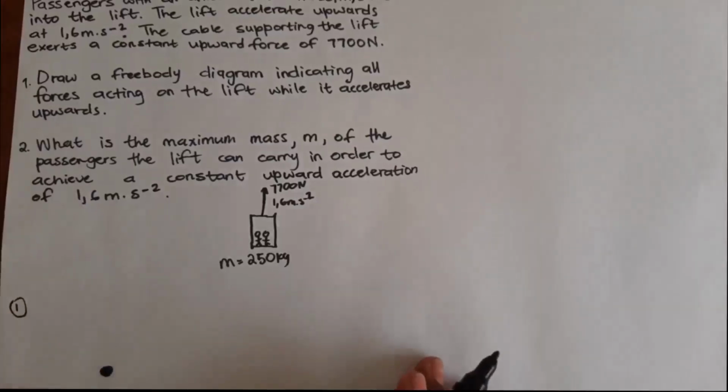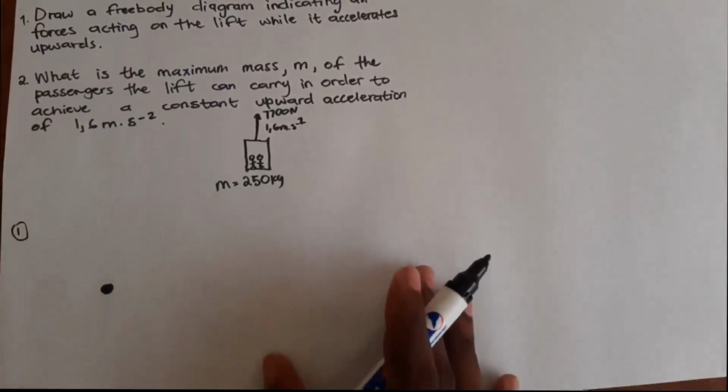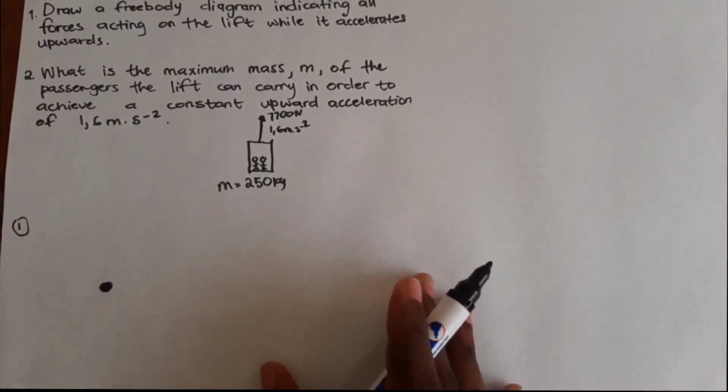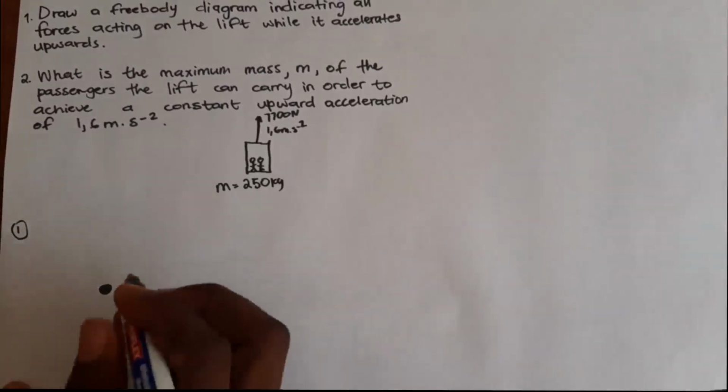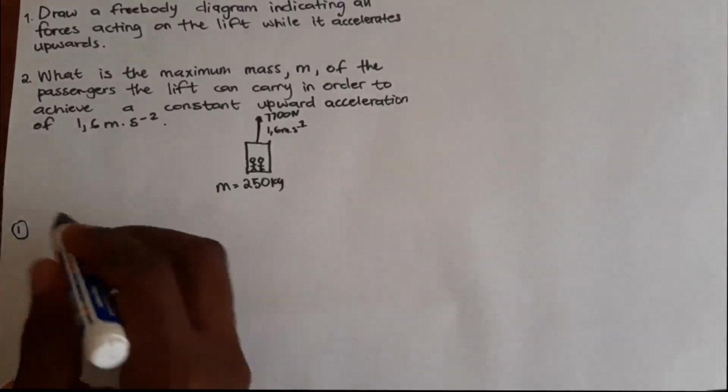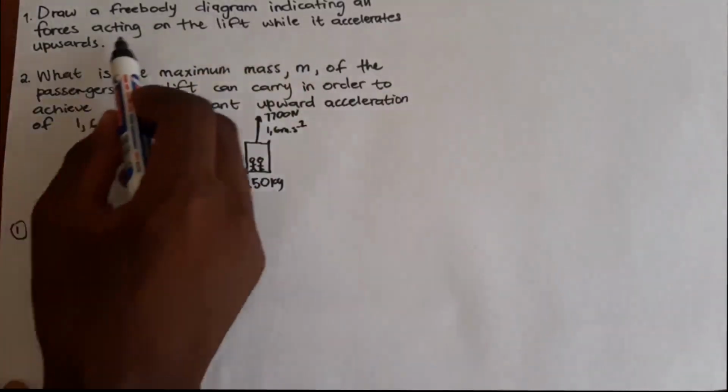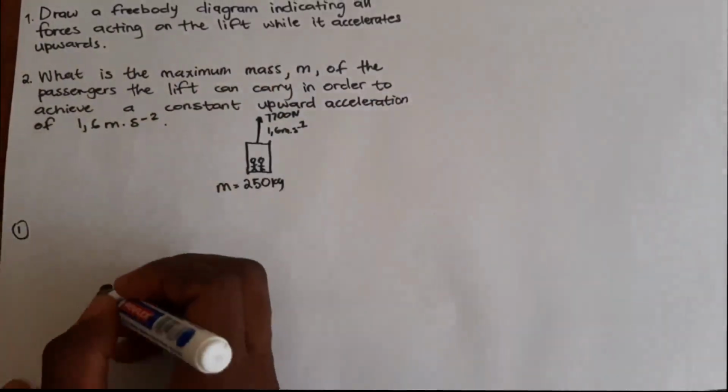Make sure that the dot is quite bigger, because you might have two forces on the same direction. So draw a free body diagram indicating all forces acting on the lift as it accelerates upwards.